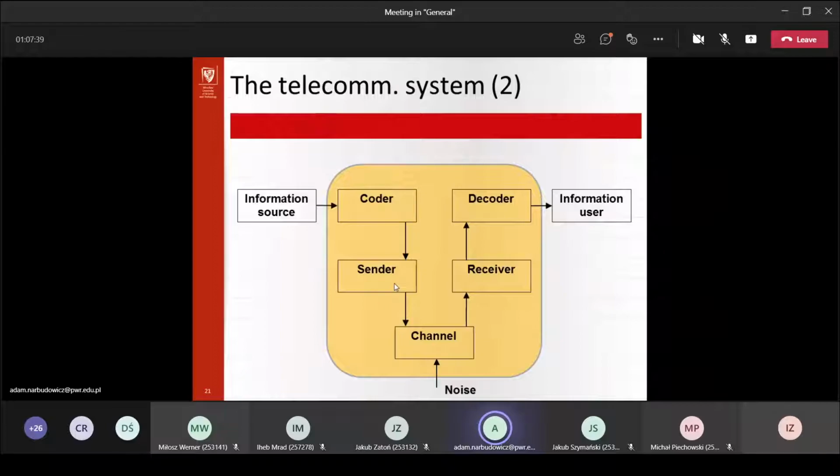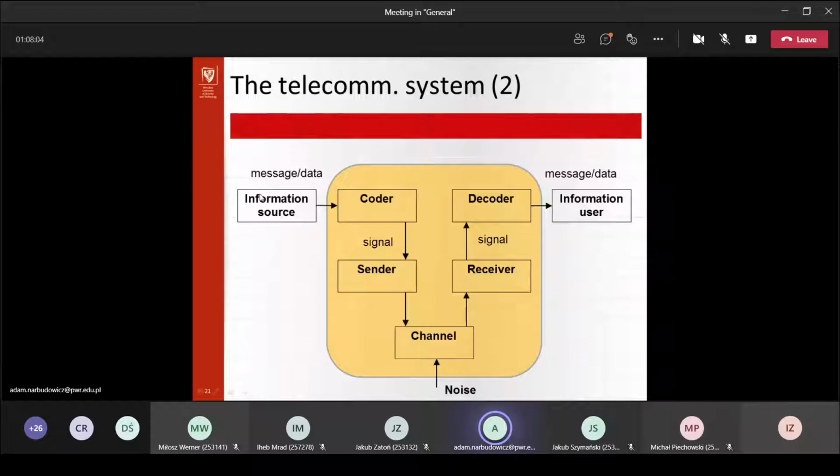Okay. Then we have the sender, which is the part that transmits the signal. So basically, it is the process of modulation, which would change some physical property in order to encode your information within. Okay. And there is quite an important distinction over here.